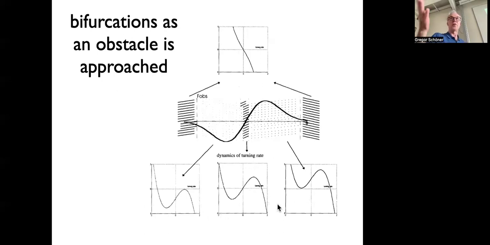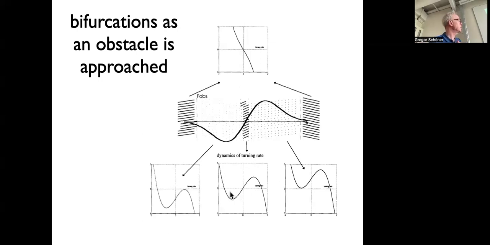That is a pitchfork bifurcation, the one you have studied already, but it's not for turning rate. While if you look at going from here to there, that would mean if you have an obstacle right ahead and you move it, let's say, to the right, then one of the two attractors becomes unstable by colliding with a repeller.